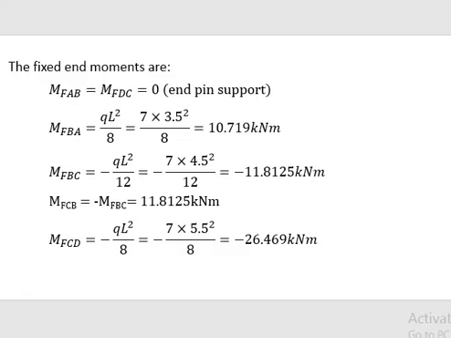MFBA is qL squared over 8, which when calculated is 10.719 kilonewton-meters. MFBC is minus qL squared over 12, which is minus 11.8125 kilonewton-meters. MFCB equals the negative of MFBC, that is 11.812 kilonewton-meters, and MFCD is minus qL squared over 8, giving us minus 26.469 kilonewton-meters.